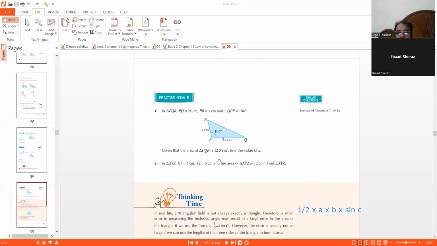Fine. But we don't know the value of x. What will happen then? Basically, the area of triangle is already given to you. That is 12.5 centimeters square.